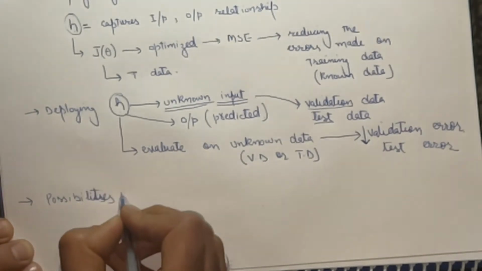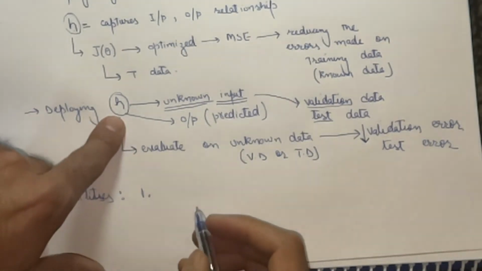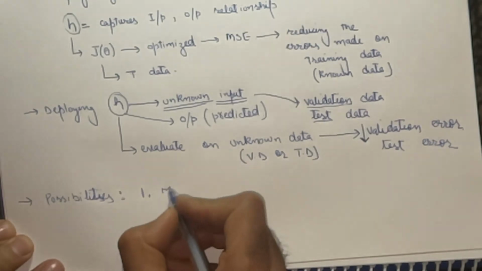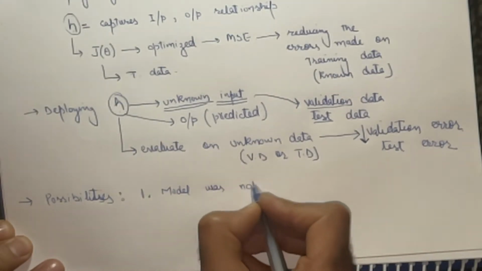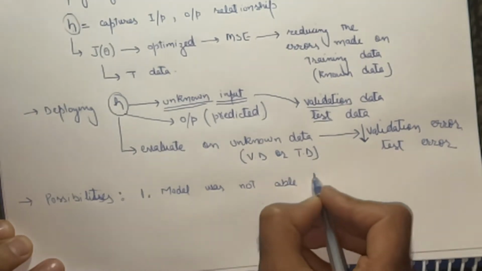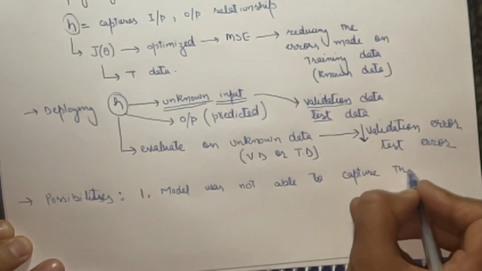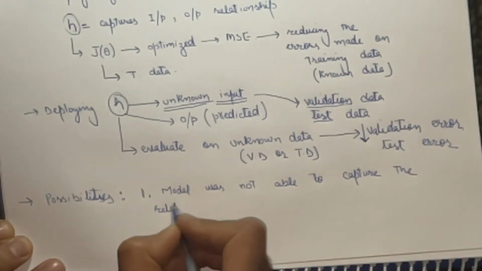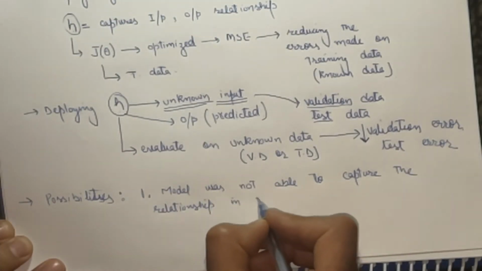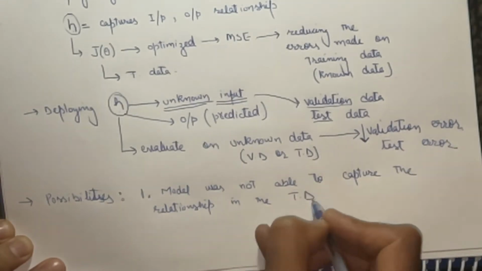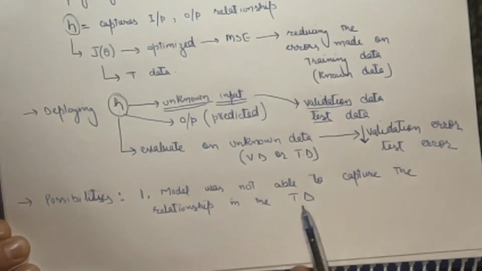What are the possibilities? The first possibility is that this particular model was not able to capture the relationship in the training data. Even on the training data, this model was not able to capture the relationship.